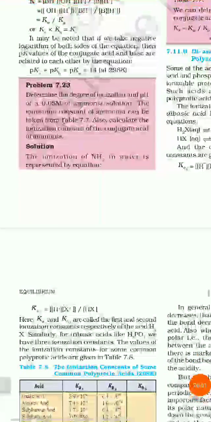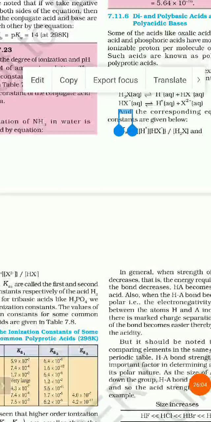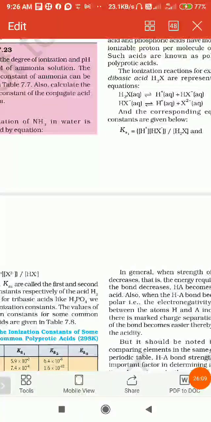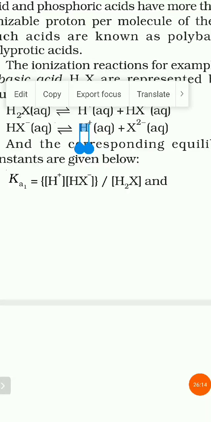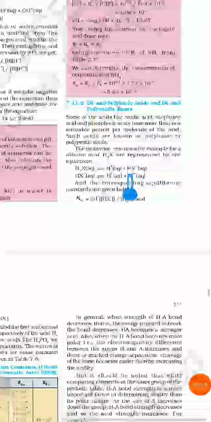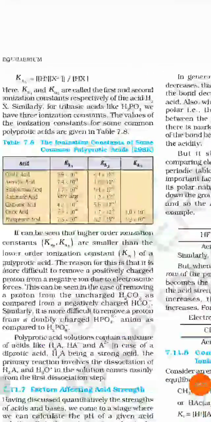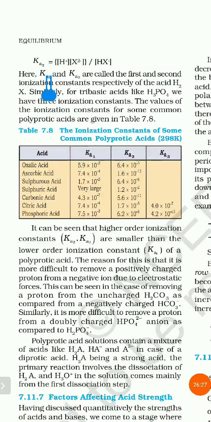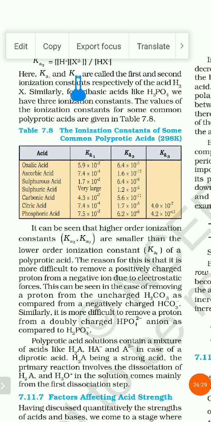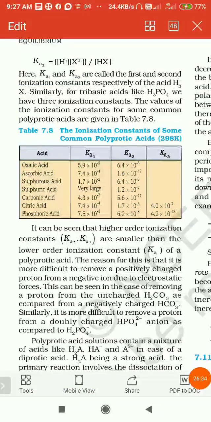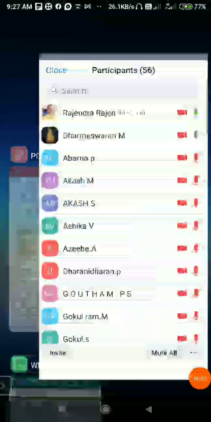For the second equation, Ka2 is the concentration of H plus times the concentration of X2 minus, divided by the concentration of HX minus. Here Ka1 and Ka2 are the first and second ionization constants.